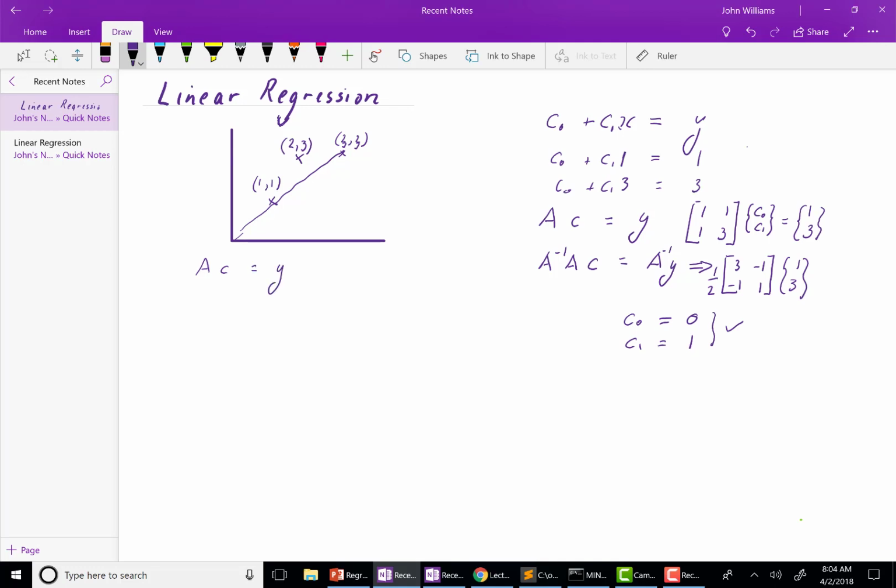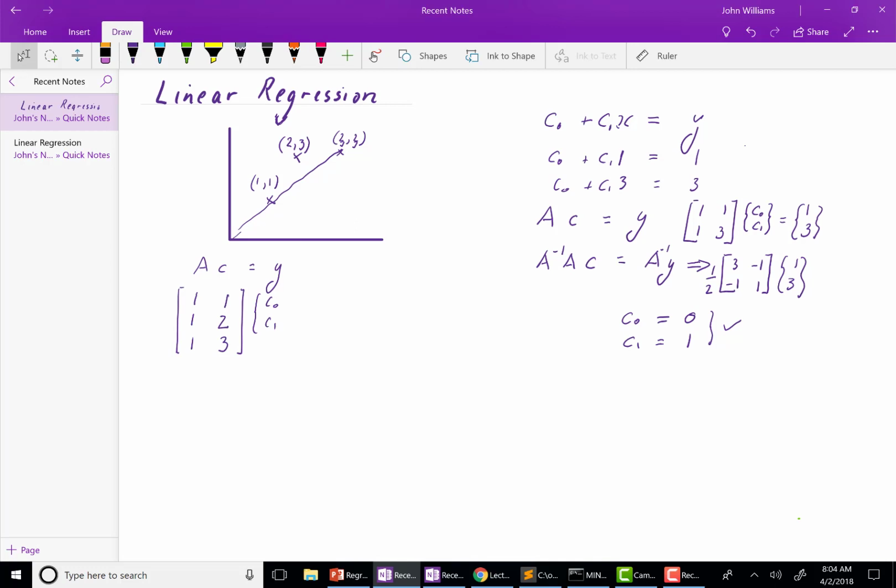What we get now is first the point 1, 1, so x will be 1. And I'm going to get 3 entries now. I'll always have 1 in the first column, and then I have C1 times x, and x will be 2, and in this case, 3.